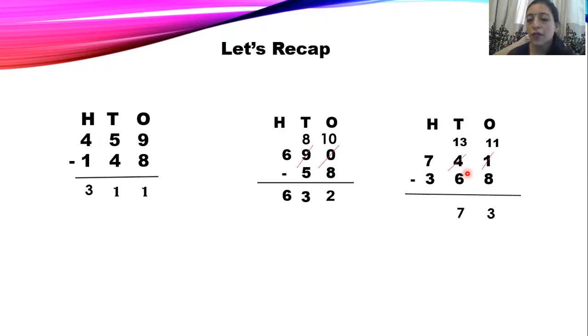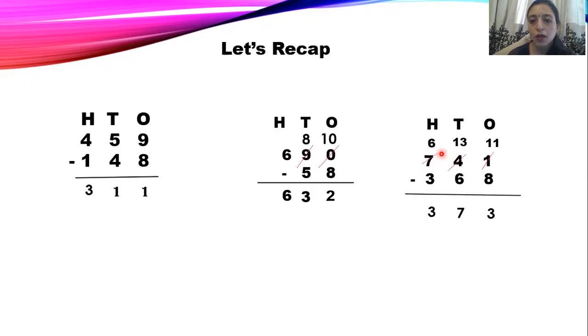Now 13 minus 6 will become 7. And this 7 will become 6, because this 7 has given 1. 6 minus 3 would be 3. So I hope you have understood this. This was a simple thing which you have already done in class 2.